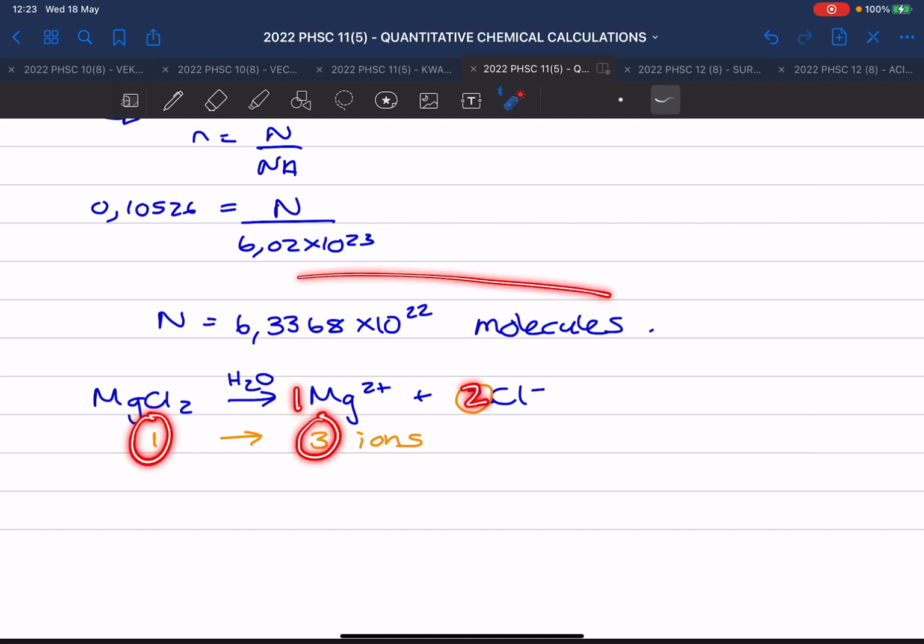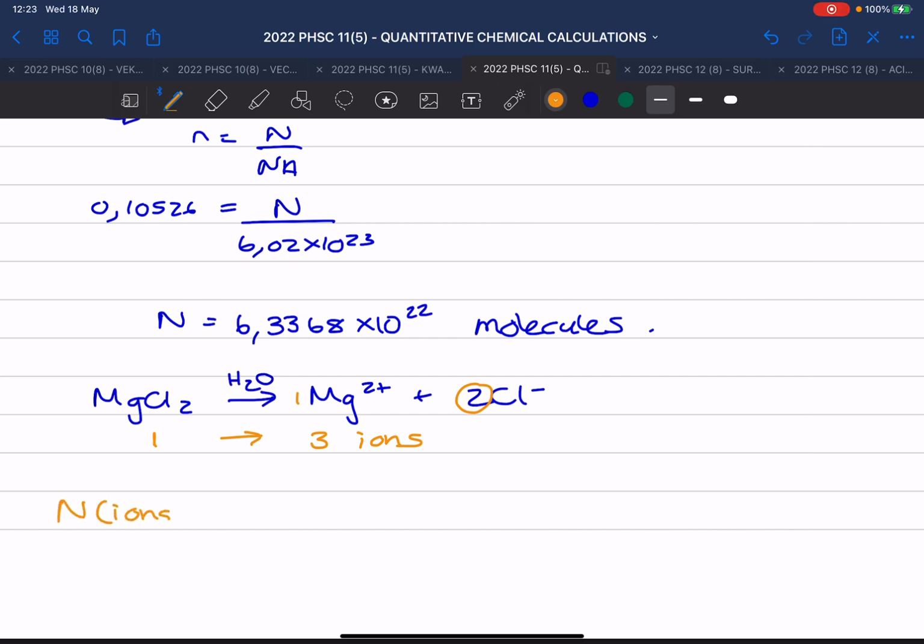So if that is how many molecules we have, then we are going to multiply that by 3 to get the number of ions. You're going to say 3 times that. And then you get it to be 1.90 times 10 to the power 23 ions.